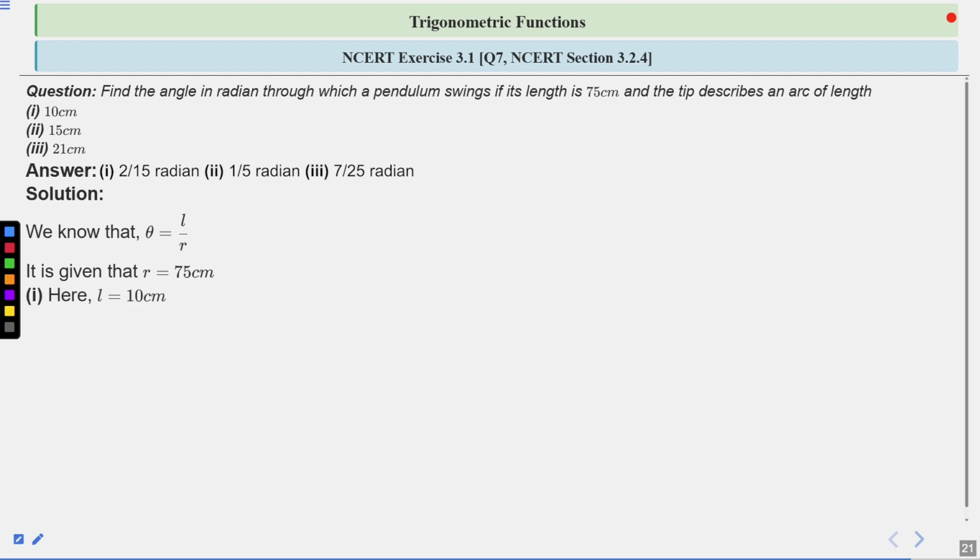So theta will be equal to 10 upon 75 radian, because theta is equal to L by R, which is equal to 2 upon 15 radians. So for part 1, the answer is 2 upon 15 radian.